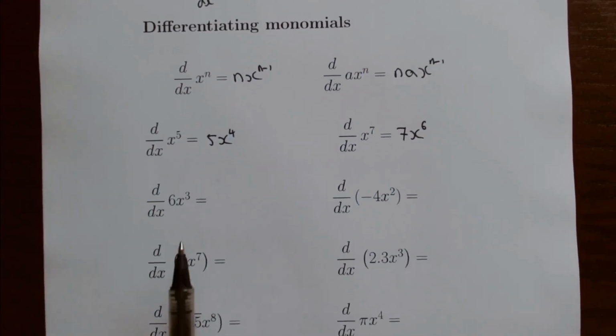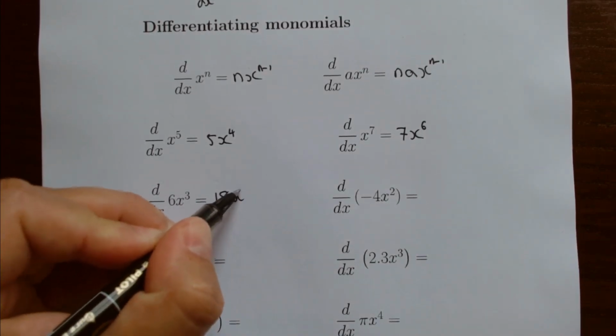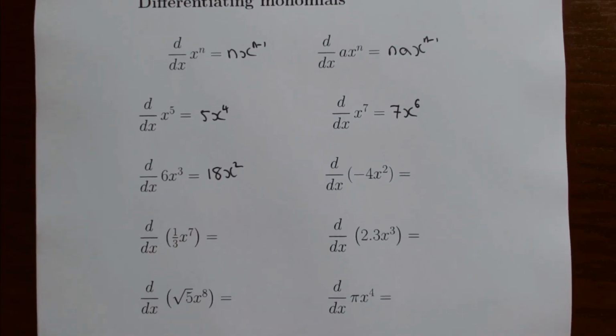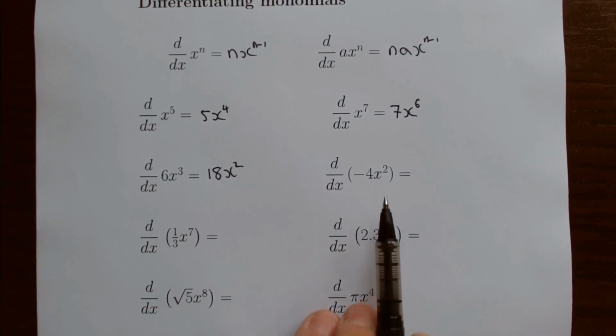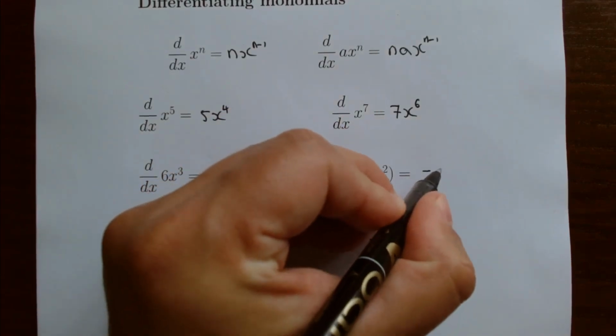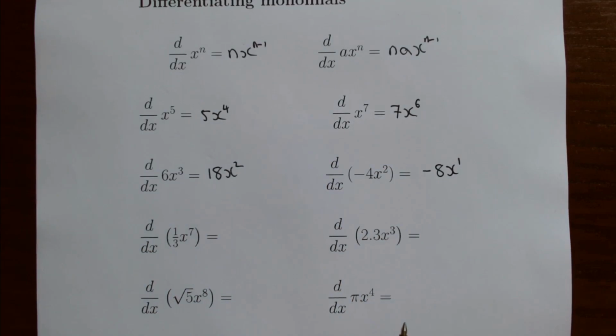And we can do that on this. So if you want to differentiate 6x cubed, the 3 comes down, multiplies the 6 to give you 18, and then you subtract 1 off the power. Next example, we differentiate minus 4x squared. So the 2 comes down, multiplies the minus 4, and then you minus 1 off the power, gives you x to the 1.